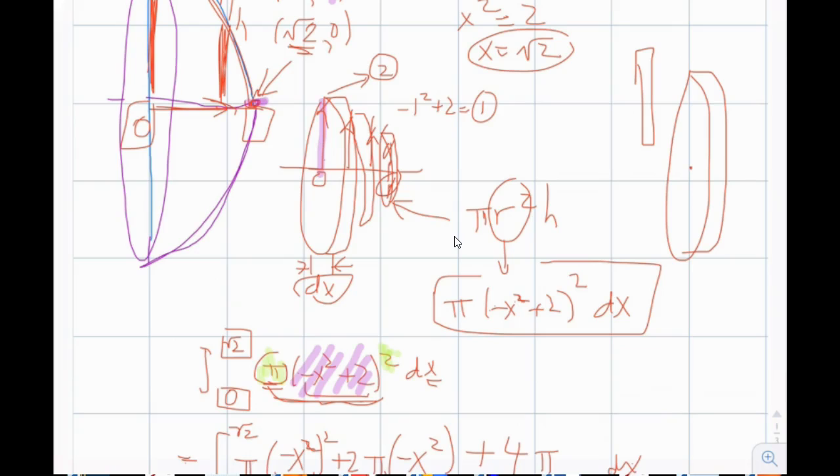So instead of just having y times dx as the area, now we have pi y squared dx as the volume of each one of the little disks. And we're just adding them up just like we did before, but now inside the integral, instead of just having y, you have pi y squared, right? All right.